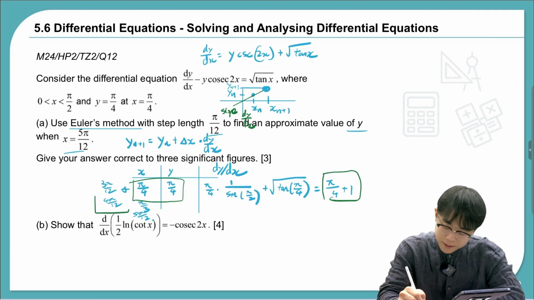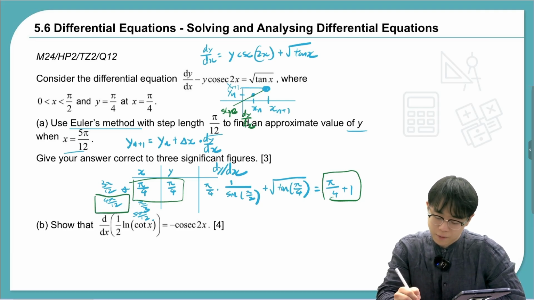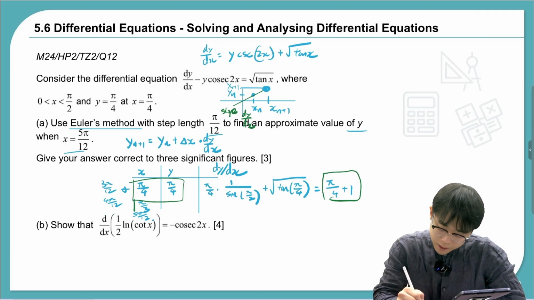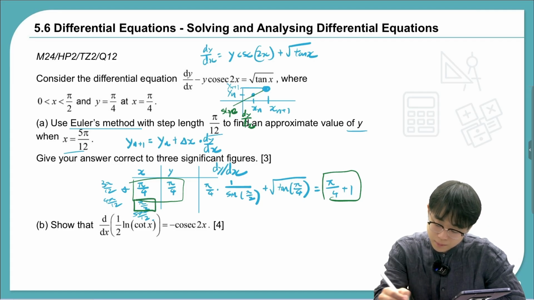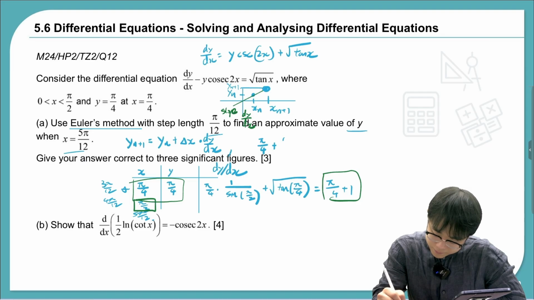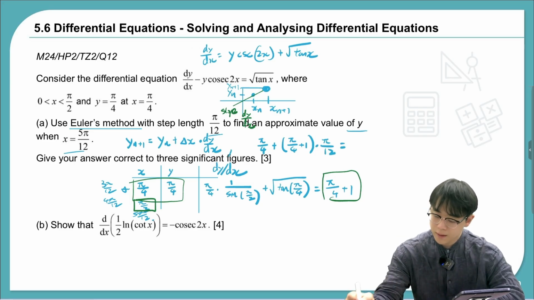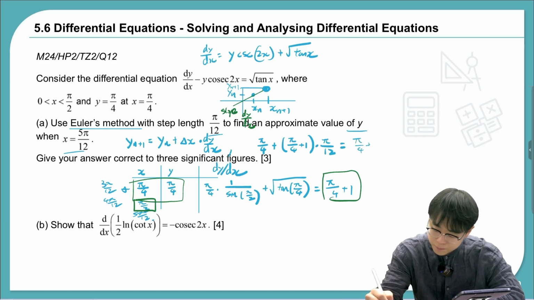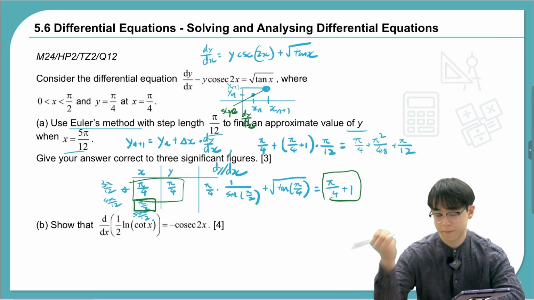Okay, so when x is pi over 3, what's the y value going to be? Well, we would have yn, which would be just pi over 4, plus pi over 4 plus 1 times pi over 12, because that's the step size. So that's going to be pi over 4 plus pi squared over 48 plus pi over 12.